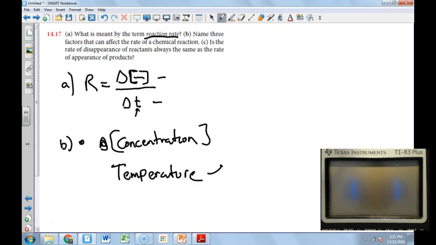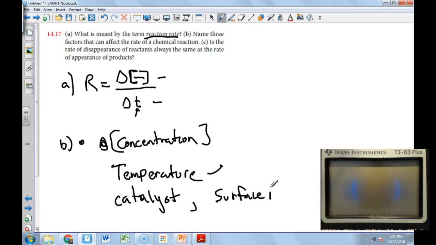A couple other things. Maybe another one would be if there's a catalyst present or an inhibitor. Catalysts change the pathway of a reaction, and that's how it will speed up a reaction. It'll change its mechanism. Another thing that you could talk about is the surface area.